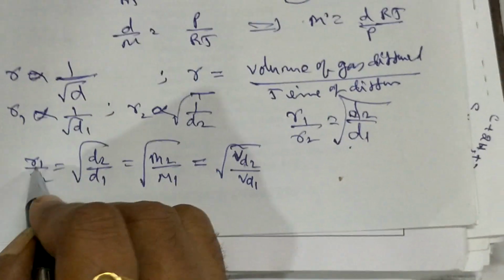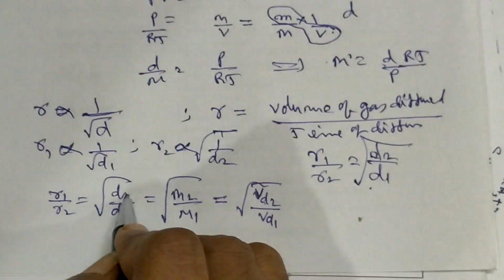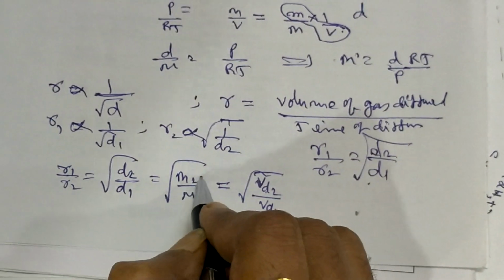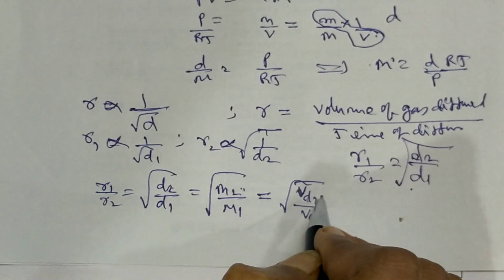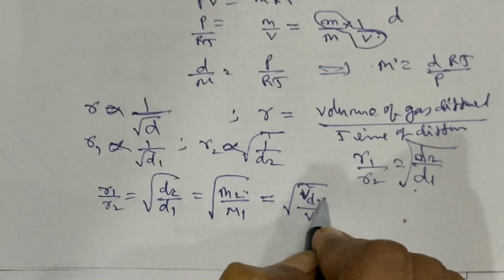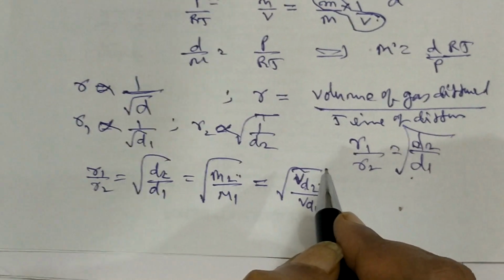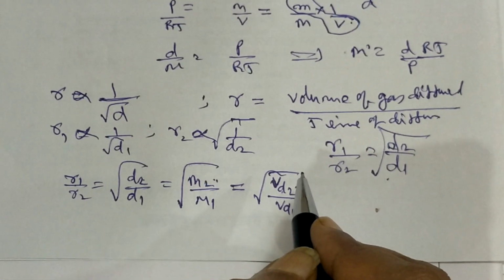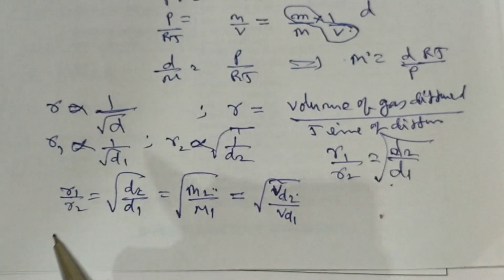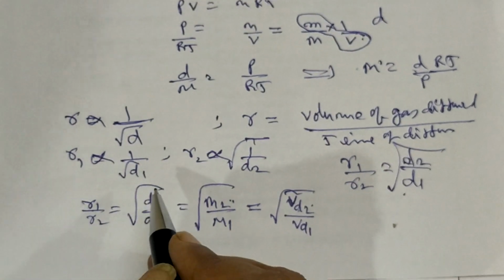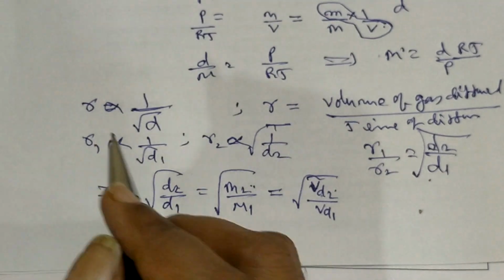So the rate of diffusion is inversely related to root of density, which is directly proportional to the molecular mass and to the vapor density of a gas. Further, if we continue, we can see other extensions of this law. Then we will go to Dalton's law of partial pressure. Okay, thank you.